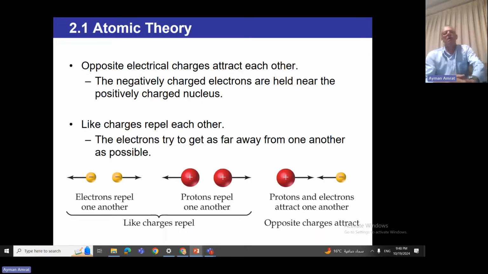Opposite electrical charges attract each other: positive protons and negative electrons attract each other. Similar charges, or like charges, repel each other.